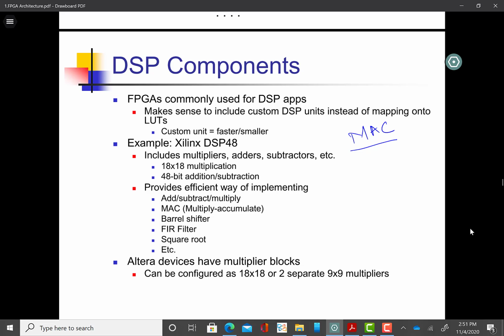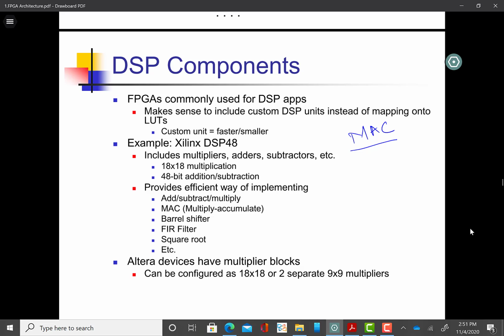So FPGA designers have realized the importance of MAC operations, and instead of synthesizing or building the MAC unit with CLBs, they give you these built-in DSP processors.